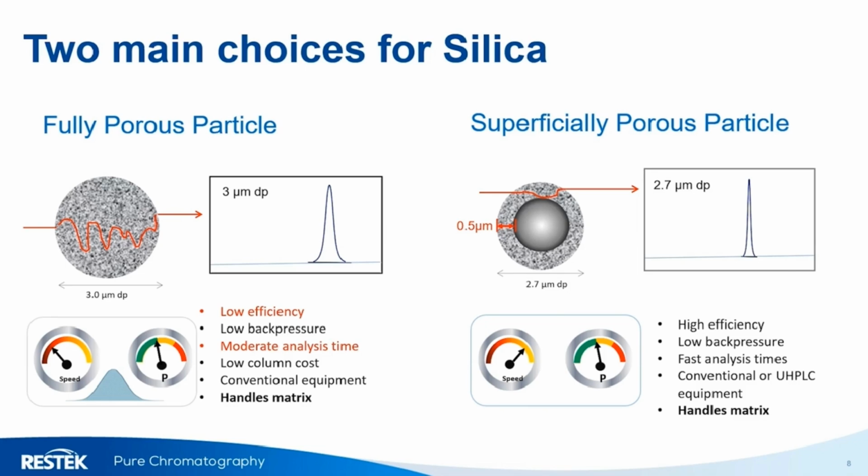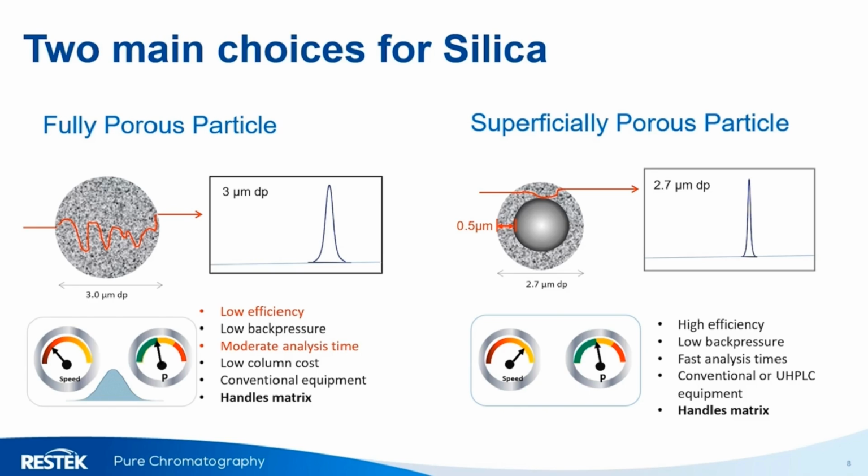And what that results in is faster diffusion through the particle, and we can get sharper peaks out of this that come earlier than the fully porous particle under similar conditions, resulting in a higher efficiency of the superficially porous particle while still maintaining low back pressure similar to the fully porous particle.